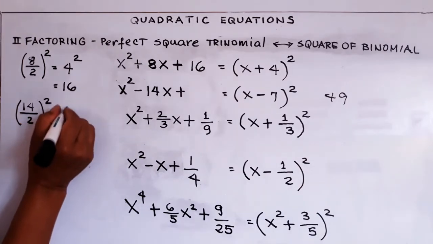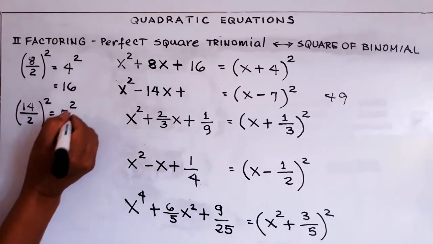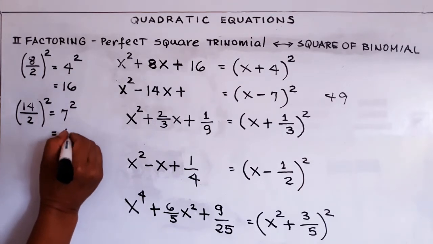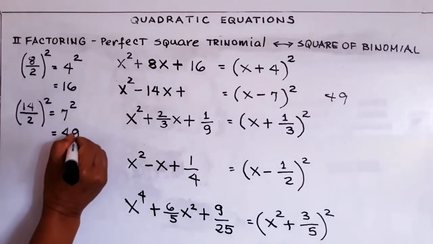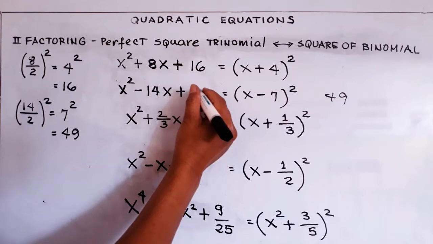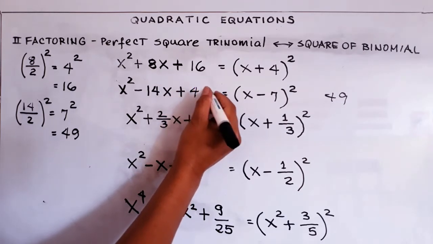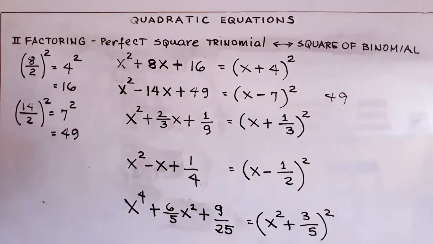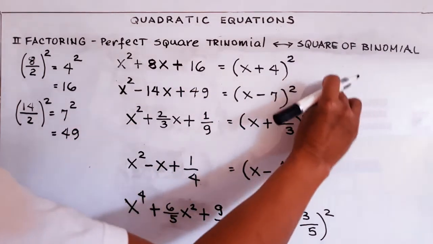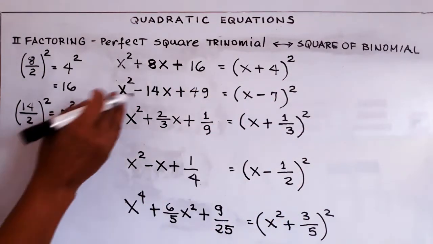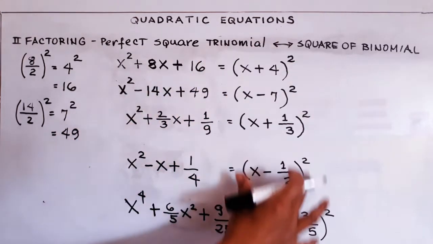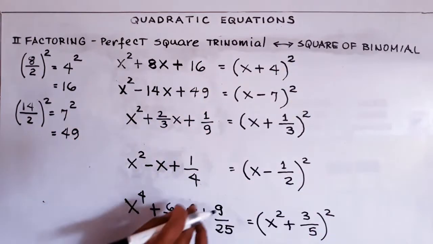It is 7, and squared. So we have 7 times 7, it's 49. So we are going to add the 49 here to make it a perfect square trinomial. And if 49 is given already, we know it is a perfect square trinomial and we can proceed to factor it like this.